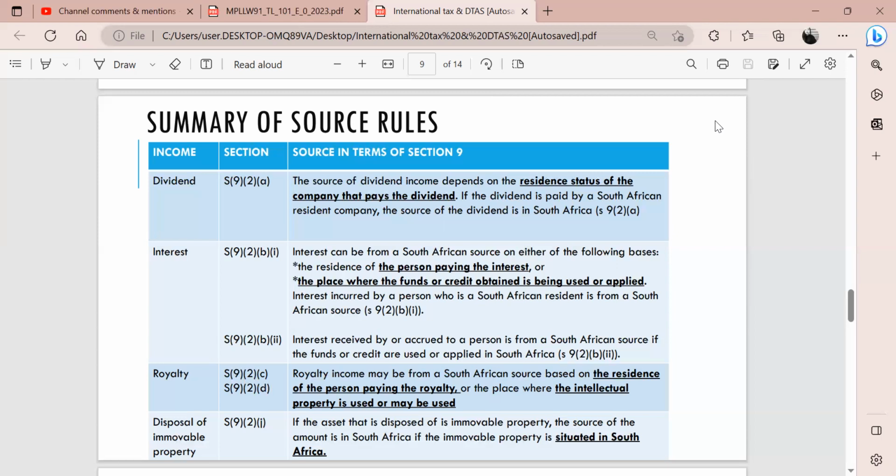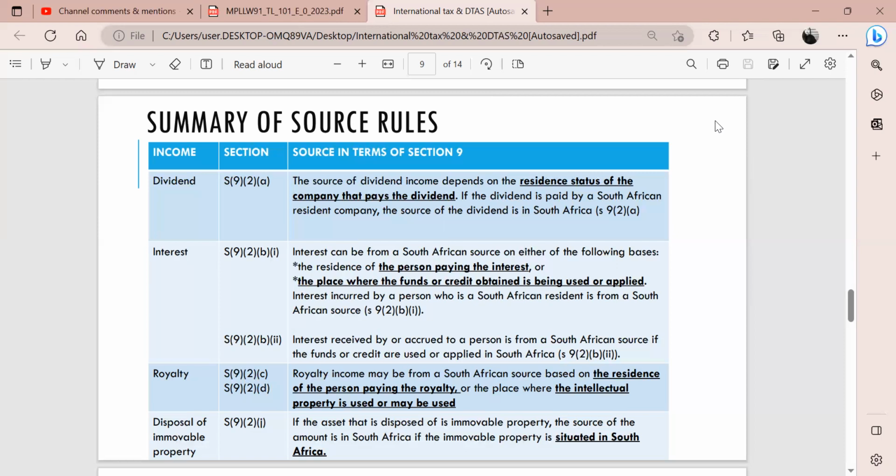Number 2, interest income. Interest can be from a South African source on either of the following bases: in terms of the residence of the person paying the interest, or the place where the funds or the credit obtained is being used or applied.